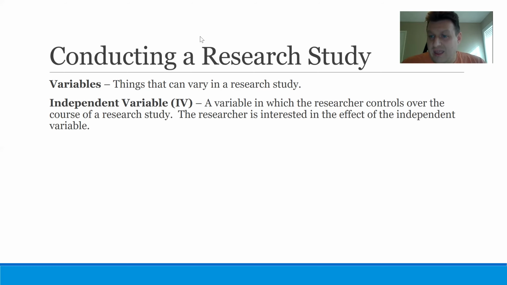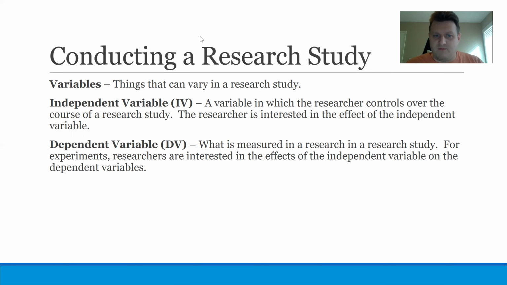All right. In the example I was talking about earlier, we create an artificial bottleneck in the parking lot, or we let traffic flow normally. The independent variable is something that we are interested in typically when we are conducting an experiment, and it's something that the researcher manipulates to see if there's a change in the dependent measure or dependent variable.